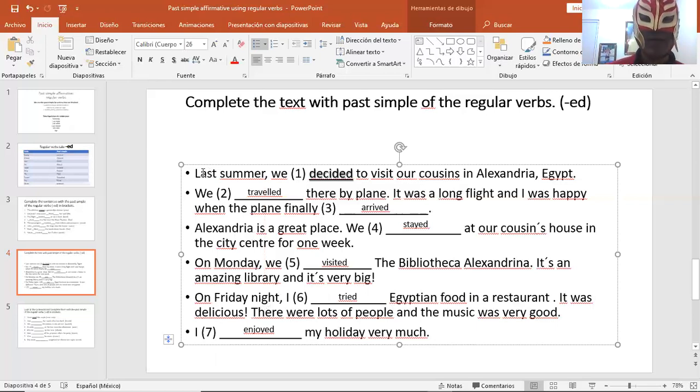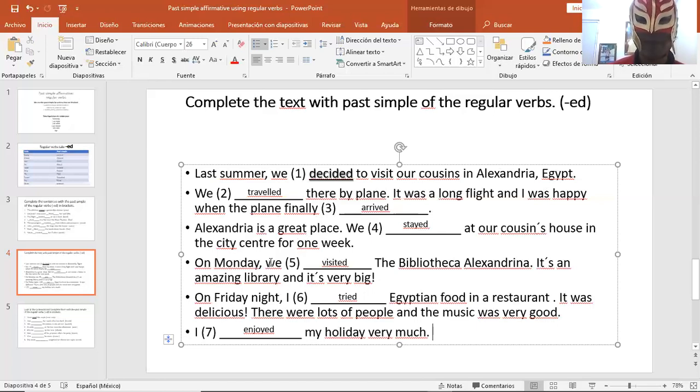So let's review it. Repeat after me or read with me. 1, 2, 3. Last summer, we decided to visit our cousins in Alexandria, Egypt. We traveled there by plane. It was a long flight and I was happy when the plane finally arrived. Alexandria is a great place. We stayed at our cousin's house in the city center for 1 week.